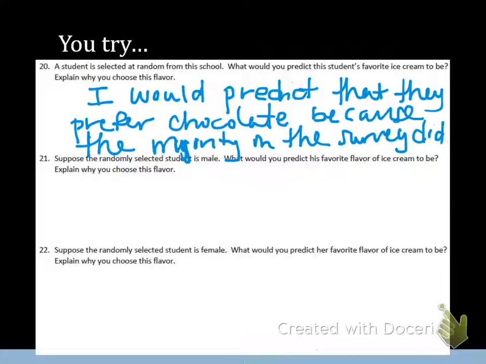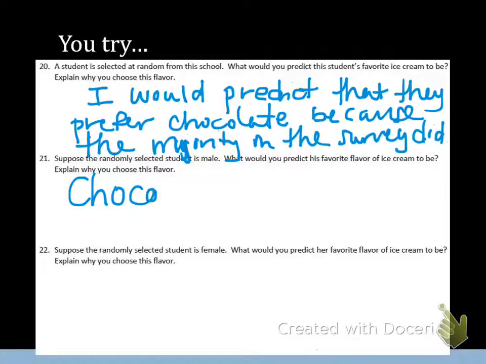All right, number 21. Suppose the randomly selected student is male. What would you predict his favorite flavor of ice cream to be? All right, so if I look at the males in my chart, I remember that 27% preferred chocolate, 12% preferred strawberry, and 16% preferred vanilla. So again, if they were a male, I would assume that they would prefer chocolate.